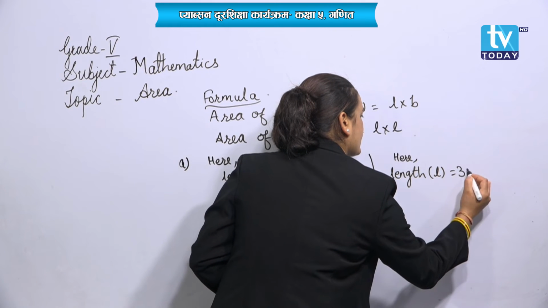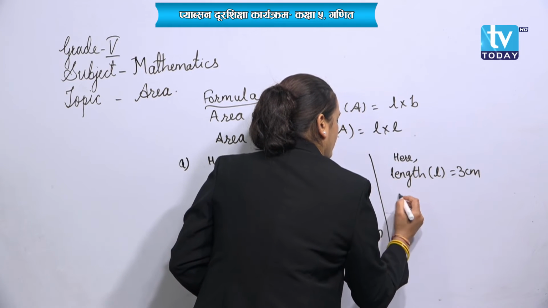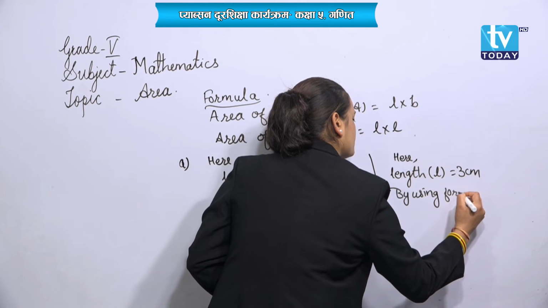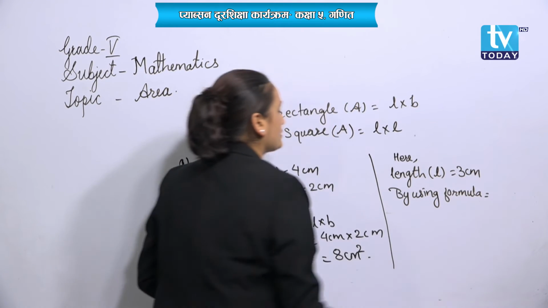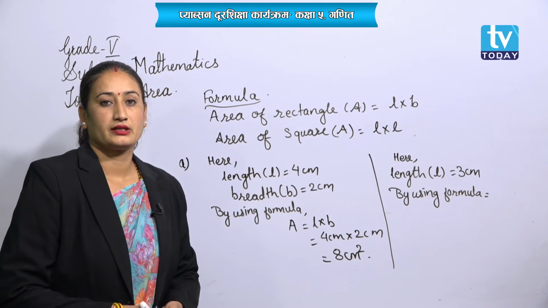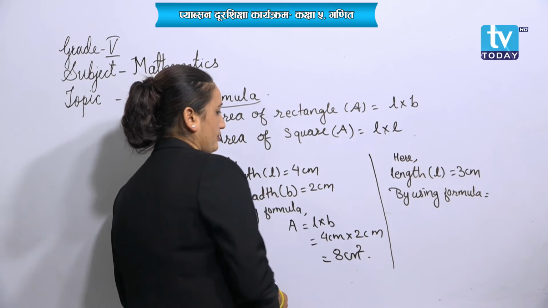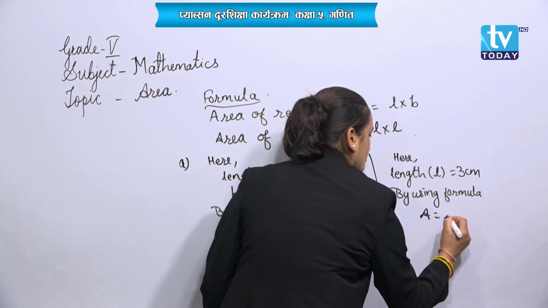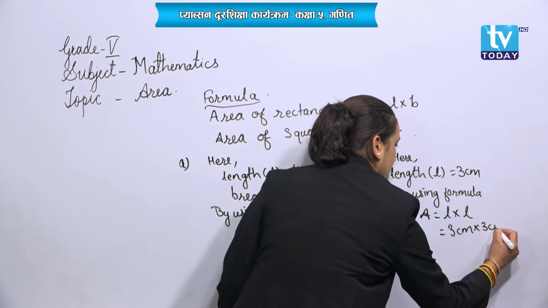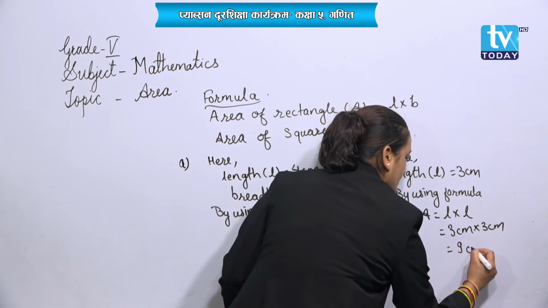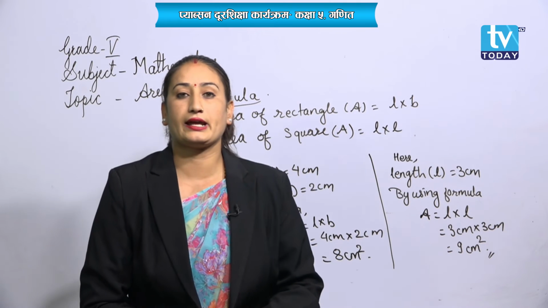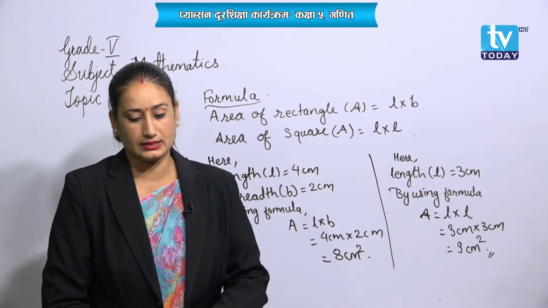So write down here 3 cm, and by using the formula, what is the formula? You can see over here, it will be L into L. So we can write by using the formula A equals L into L. Let's substitute the value: 3 cm into 3 cm. It will be 3 times 3 is 9, 9 cm square. This will be the answer.